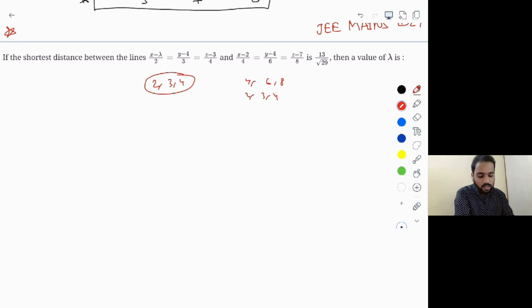So as you can notice, the DRs are exactly in proportion, which means the two straight lines are going to be parallel. So even if you apply the formula for shortest distance, you're going to get 0 divided by 0, which is not correct in this case.